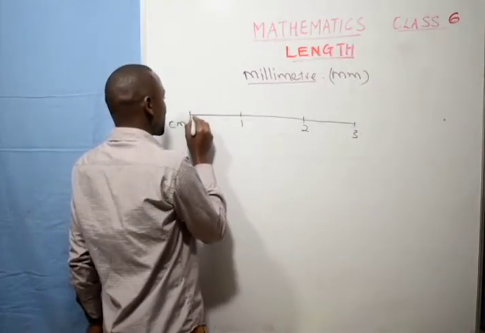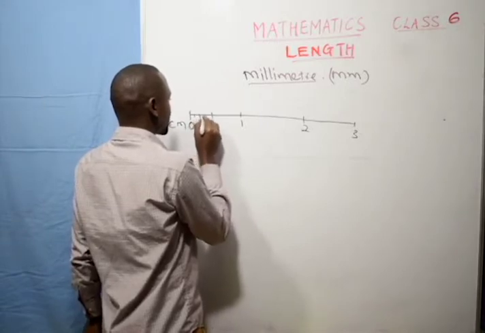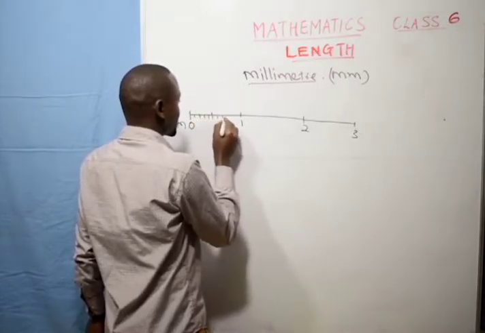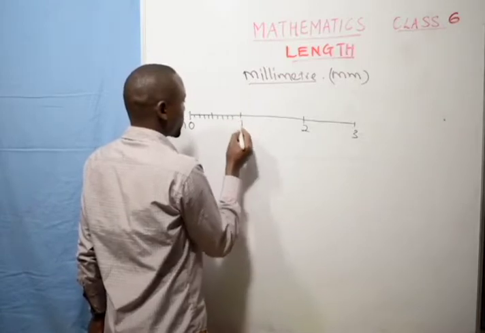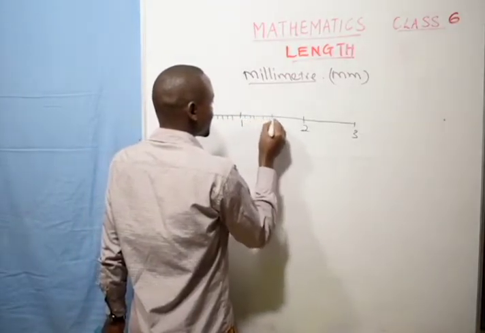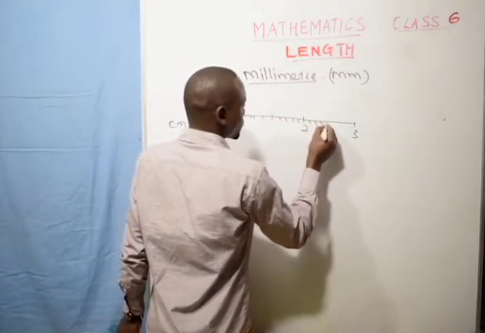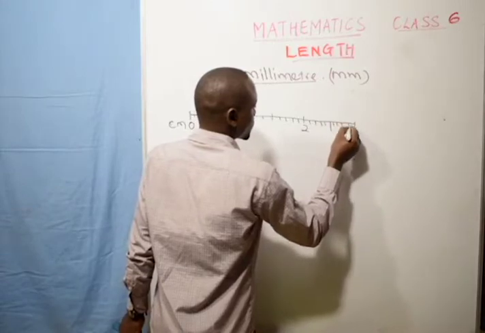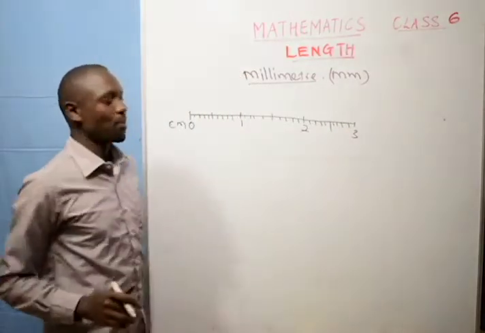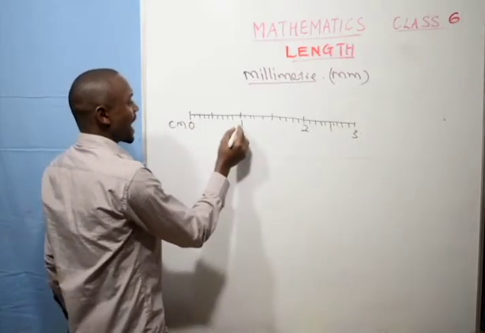This is 0, then we have 1. So this is part of the ruler. We have 0 centimeter and 1 centimeter.